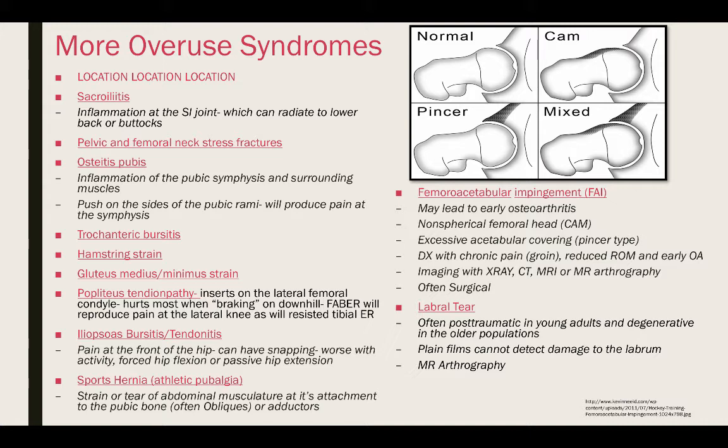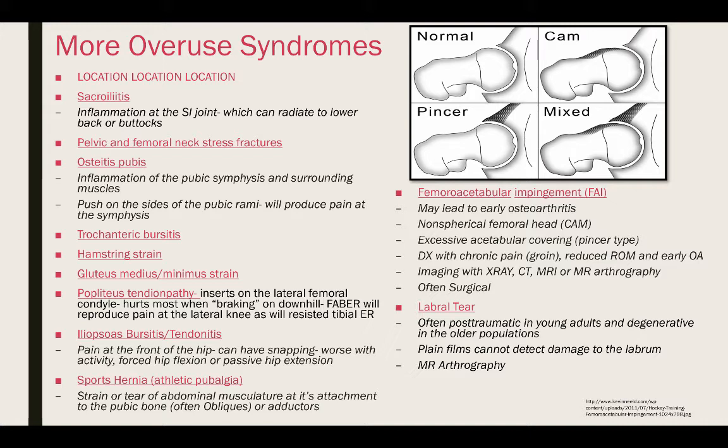Hamstring strain, so that can be at the ischial tuberosity region, the strain at the origin, not at the insertion. Glute medius and minimus strain or sprain. Again, that's going to be attaching out at the greater trochanter, so it can be confusing with trochanteric bursitis.